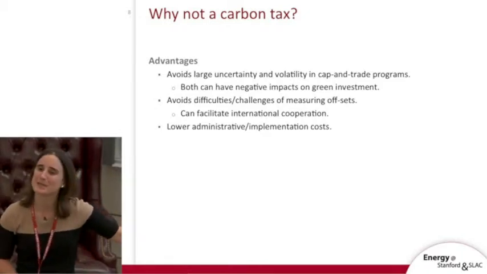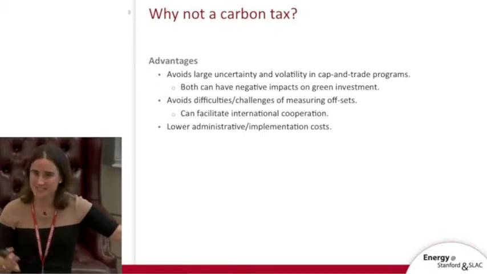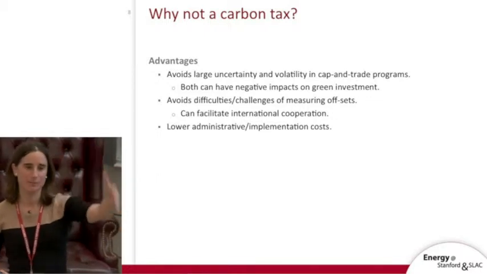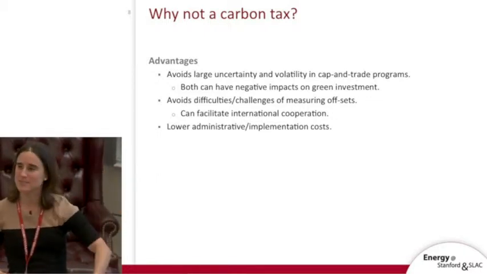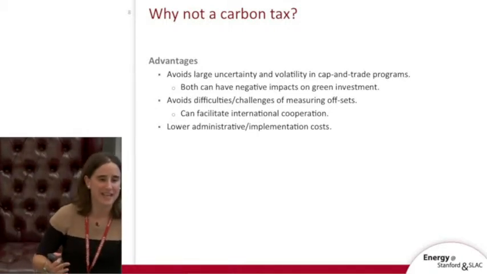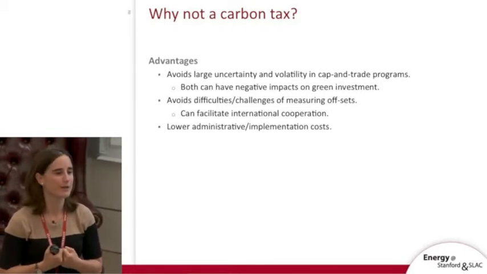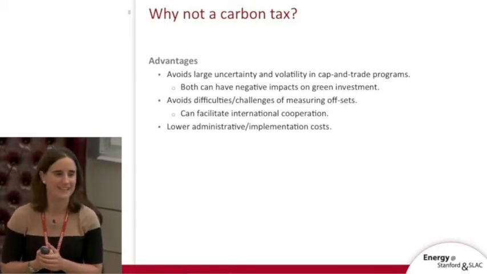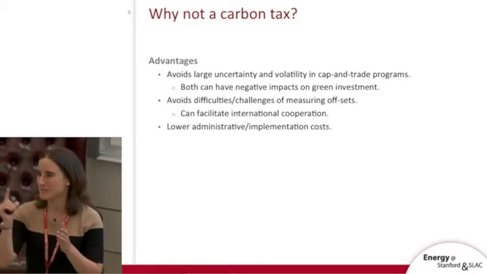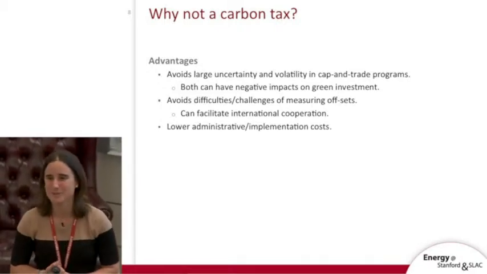Another thing that's good about carbon taxes is that you don't need to measure emissions from offsets. So when we have this cap, many mechanisms have put in place ways to relax the cap by buying offsets. Okay, any of you have bought offsets from your last plane ticket, or you know that sometimes you can buy a forest in the Amazon or you can buy a tree somewhere, okay?